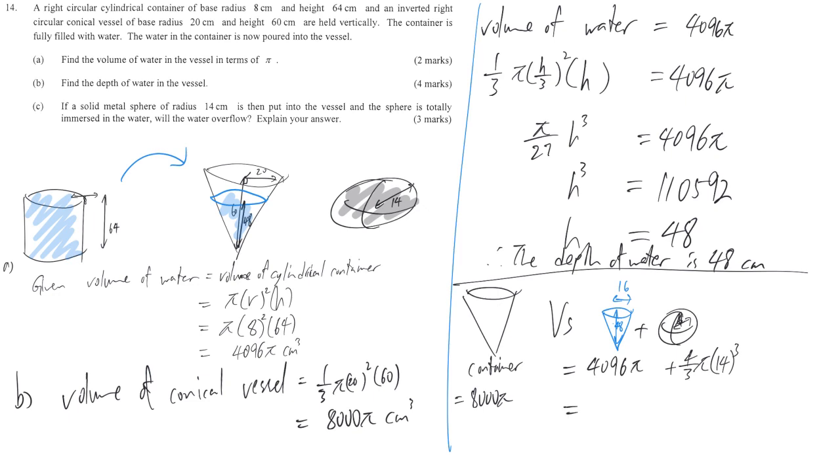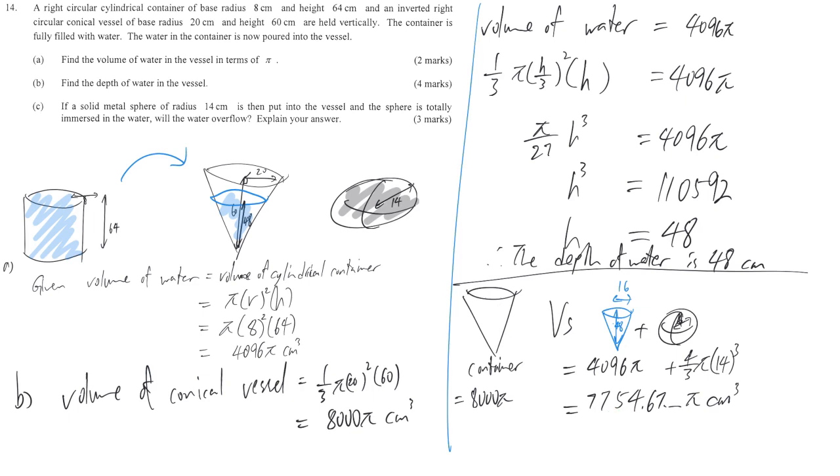And then you calculate that. So this is 7754.67 something pi cm cube. So now we can compare two values. Our space is this amount, however we just need to use this amount of space.